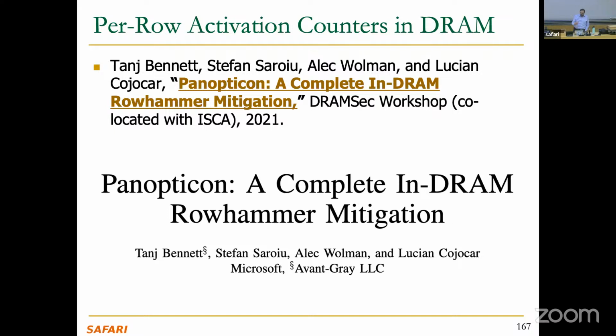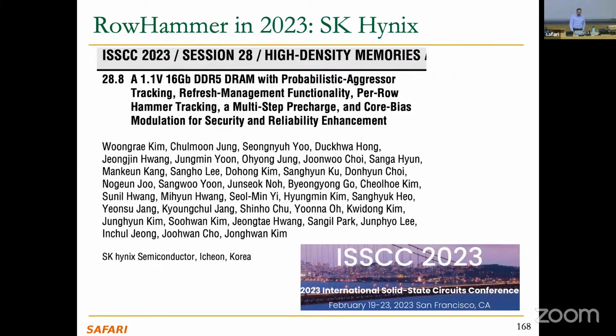It proposes putting activation counters inside the DRAM array so that we can accurately identify which rows are being accessed frequently and perform refreshes to them. This is a very short paper, easy to read, and you can find a lot of resources about it. There's a link here as well. You can check it. It was published in 2021 in a small workshop called DRAMSec.